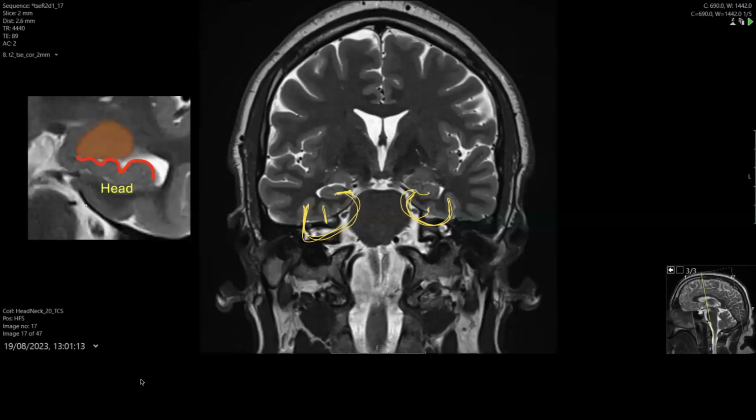It is heavily involved in memory as well, and you would expect a memory problem when you see parahippocampal damage. And again, this structure can be easily altered anatomically when there is a pathology in this region.